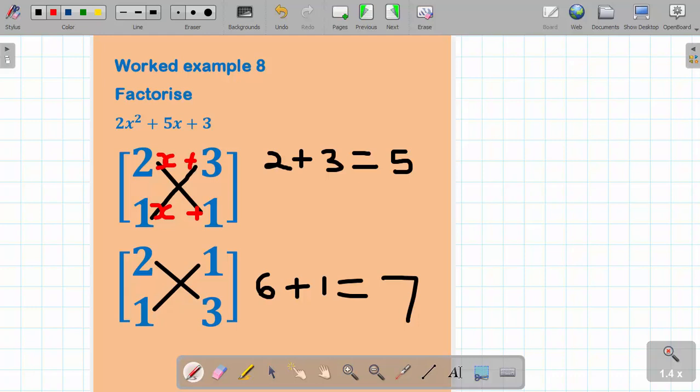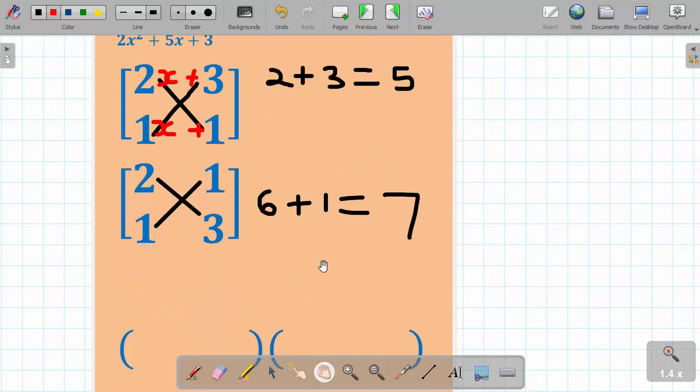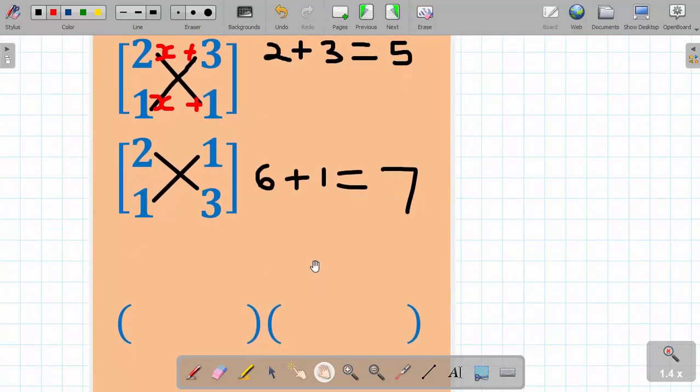In other words, my answer is going to be 2x plus 3 multiplied by 1x plus 1. So this is how I use the cross method.